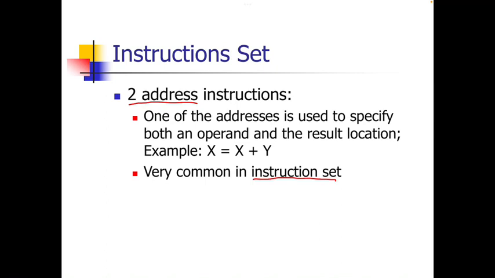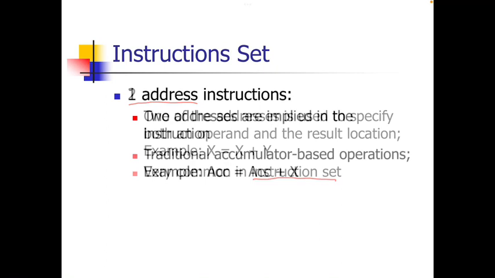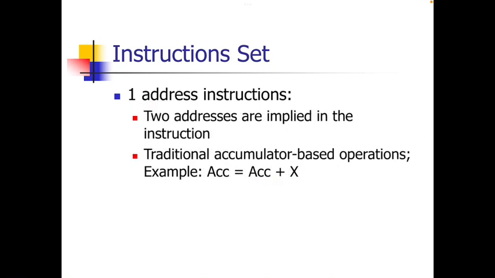Then we have the 1 address instruction. That means that 2 addresses are implied in the instruction. For example, here you can see that by using traditional accumulator based operation, we only have 1 address here, and this accumulates in the ACC.